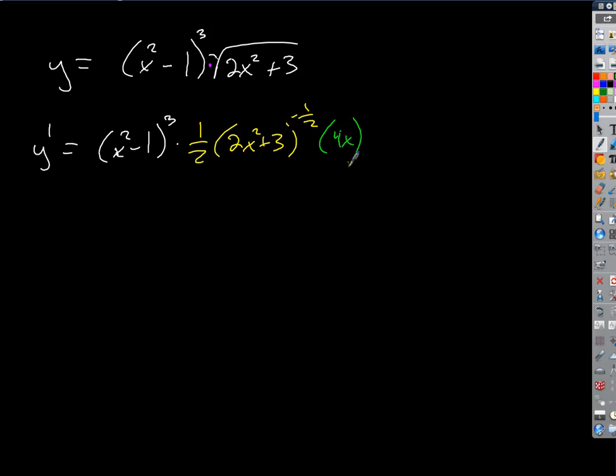So if we were to label those parts, and call this one U and this one V, isn't this just U times V prime? Okay, so then the next part would be plus V times U prime, right? So what's that going to be?